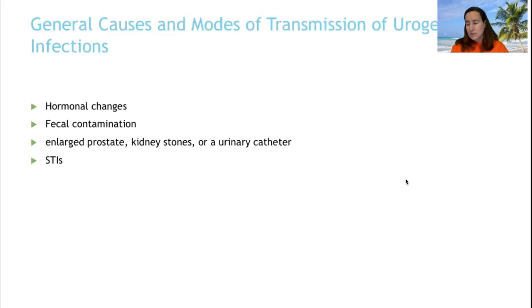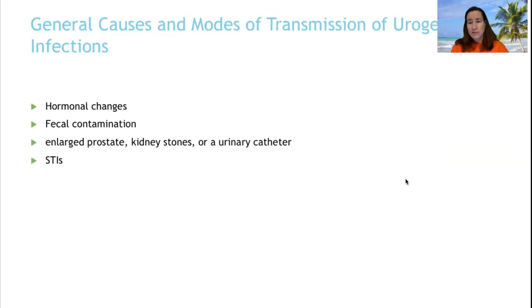Kidney stones can also lead to a UTI, and urinary catheters, like we mentioned in the previous chapter, where the lady had the spinal decompression surgery in Vietnam, and the catheter was the source of her infection. That can definitely lead to a UTI. And then, of course, STIs. STIs or STDs, they're the same thing.